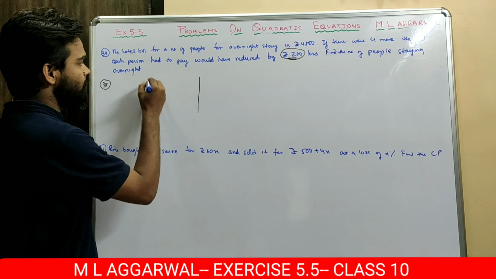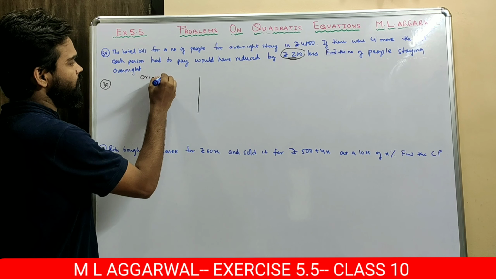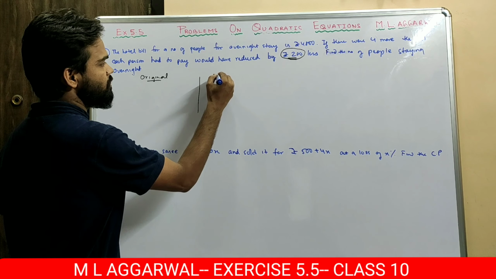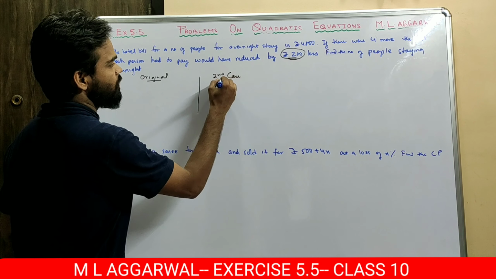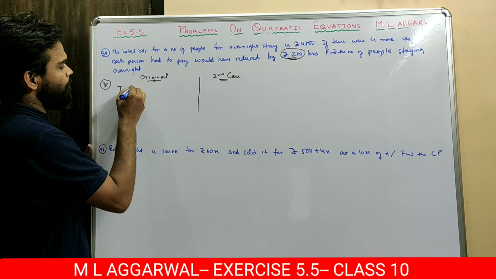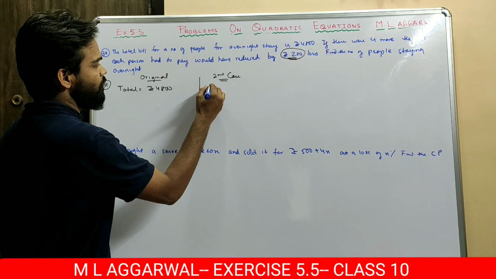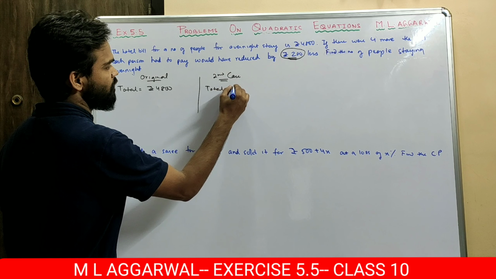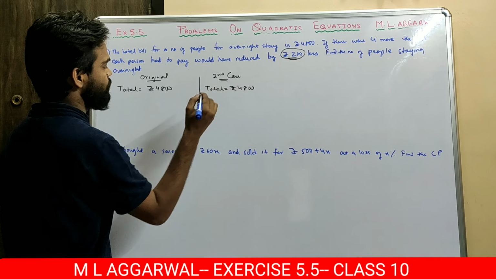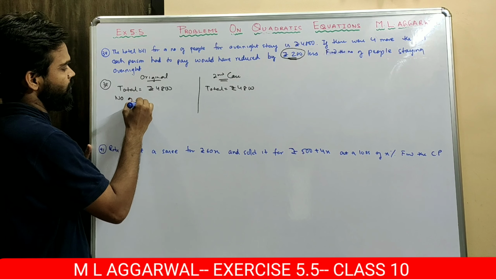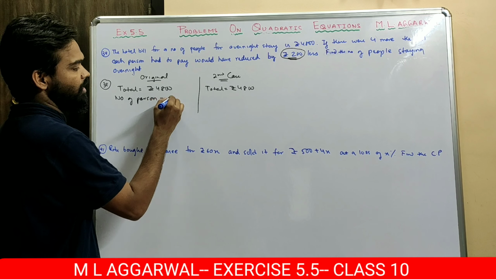Very easy. 2 cases. See, this is your original case and this is the second case. The total payment is fixed, rupees 4800. Over here the total payment is fixed, 4800. Number of persons, suppose we take x.